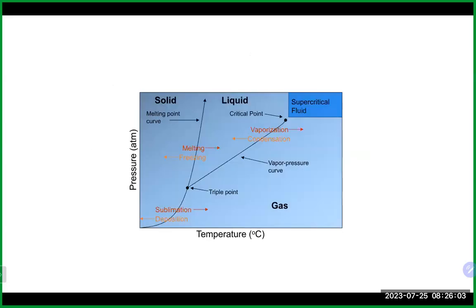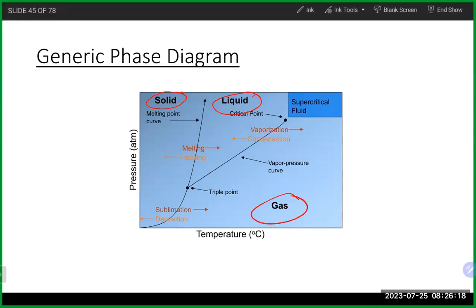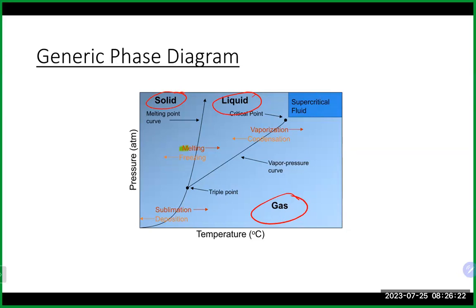So here's a generic phase diagram, and here are the three phases. Usually this is how it looks: solid to the left, liquid in the middle, and gas on the right. These are our 6 interconversions: melting, freezing, vaporization, condensation, sublimation, and deposition.